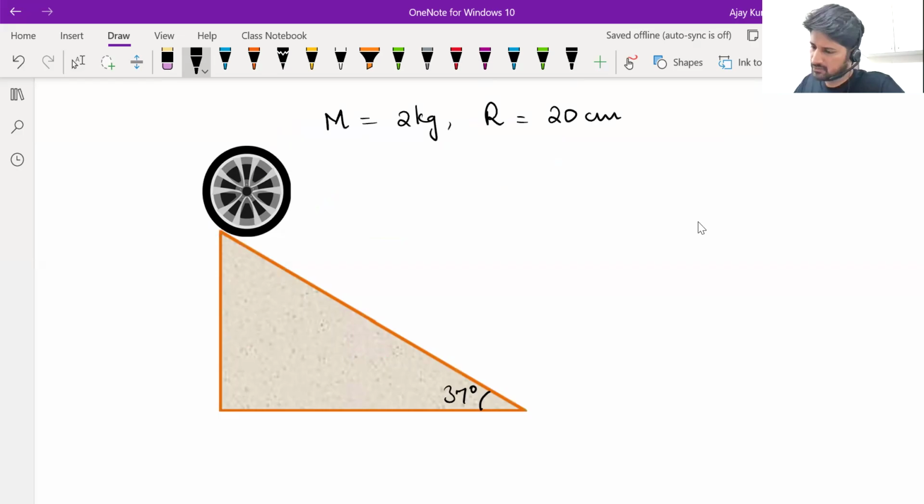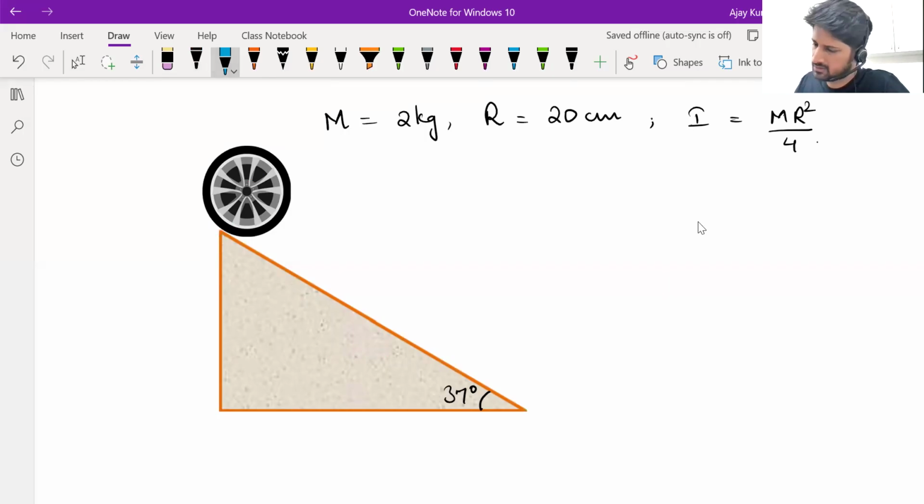Then m r square: r is 0.2, square is 0.04, into 2 is 0.08. So the moment of inertia should be less than that. Let's say I is equal to m r square by 4, based on how the mass in the object is distributed.